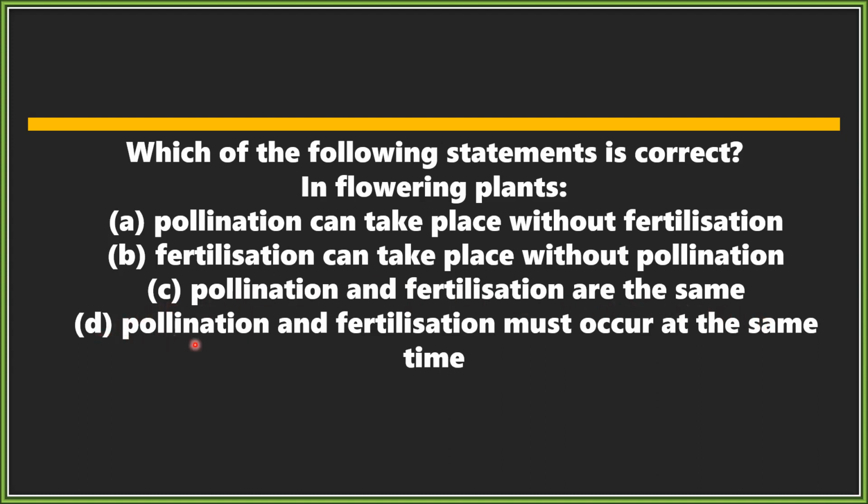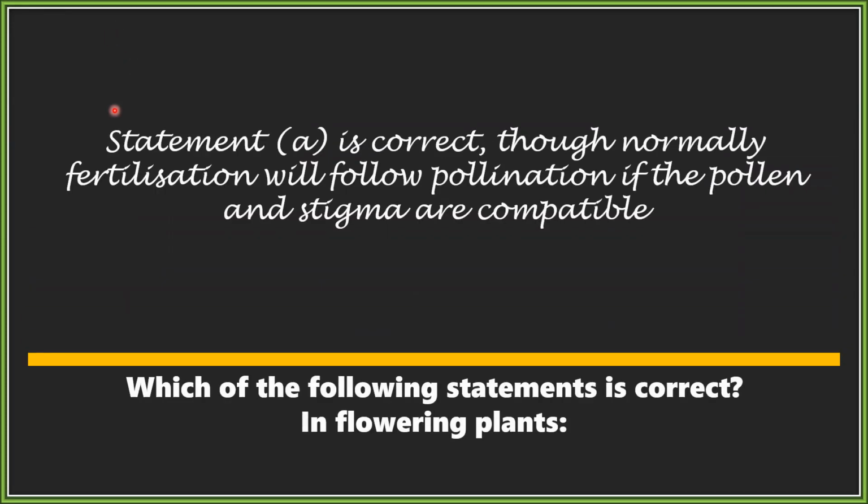D. Pollination and fertilization must occur at the same time. Statement A is correct, though normally fertilization will follow pollination if the pollen and the stigma are compatible.